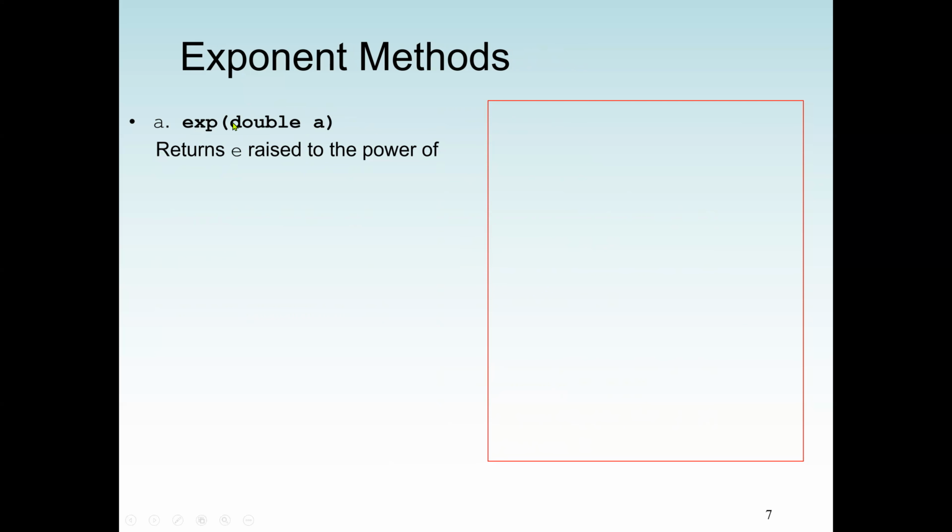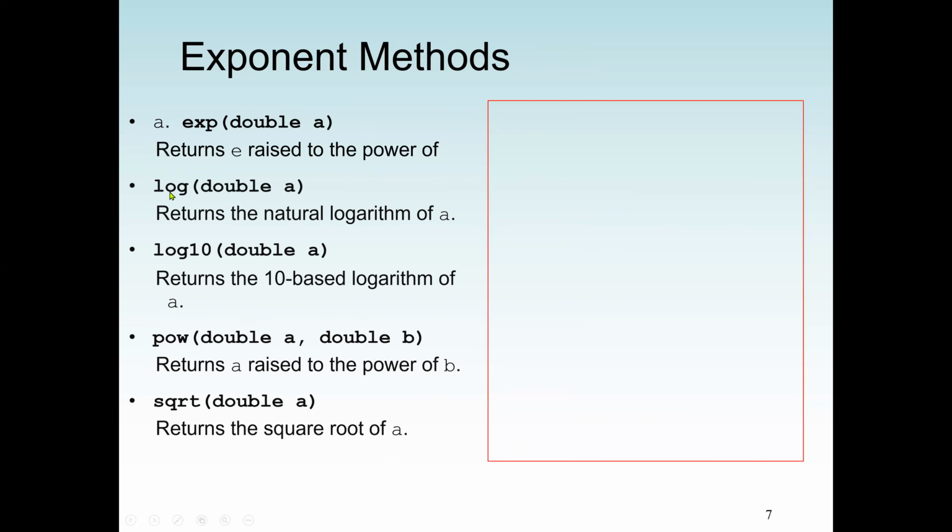So exp of a means it will return the value of e raised to the power of a. Then we have the log. The log method is the natural log, so it will return the natural log value of a. Then we have log10, which is the log base 10. This will return the log base 10 value of a.